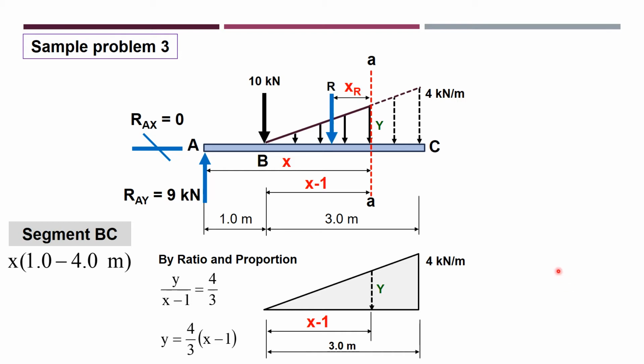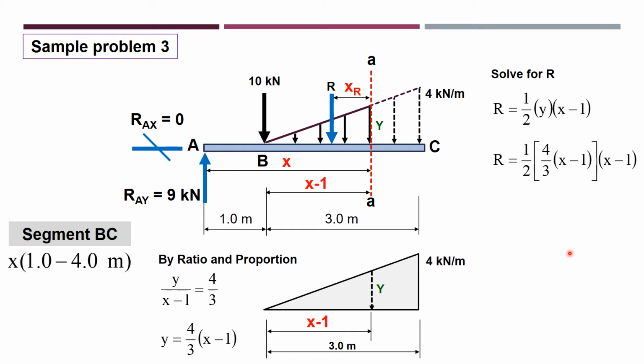And of course, we will get the equivalent single force, which is equivalent to the area of this triangular loading na may distance na x minus 1 at merong ordinate na y. So, ito yung solution. Itong equivalent single force is 1/2 ng y multiplied by the base, which is x minus 1.